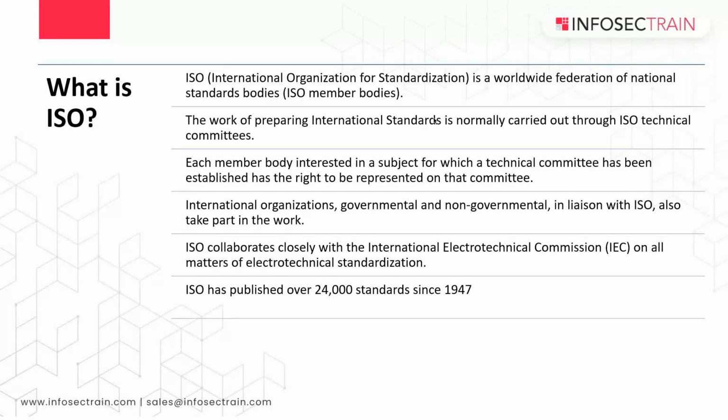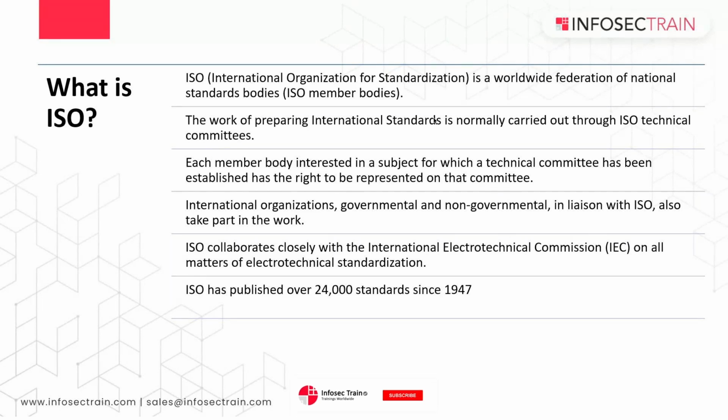Along with ISO, there is another international body, the International Electrotechnical Commission, IEC. Many of the standards specifically related to information security are jointly developed by ISO and IEC. That is the reason on some standards you will find the name as ISO/IEC.